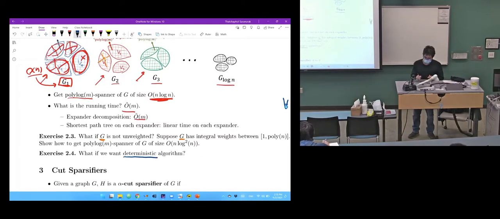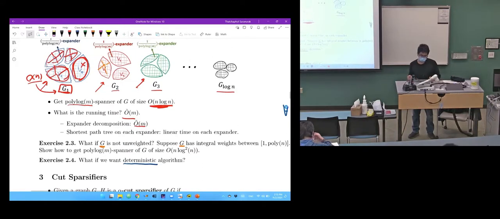What if we want a deterministic algorithm? What quality will we get from this approach? What is random? The randomized step is just the expander decomposition here.